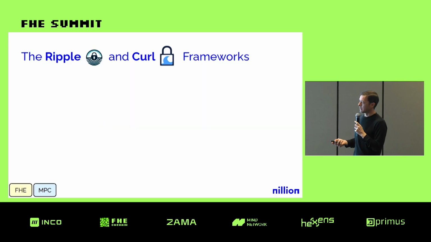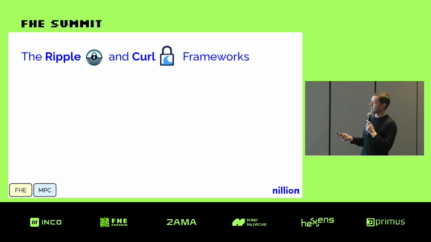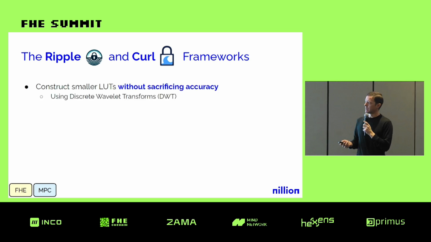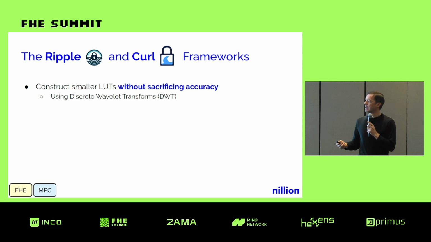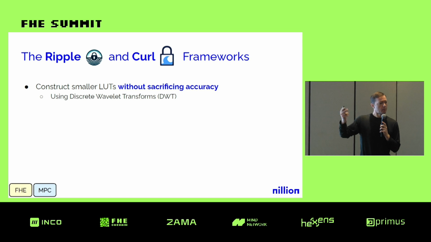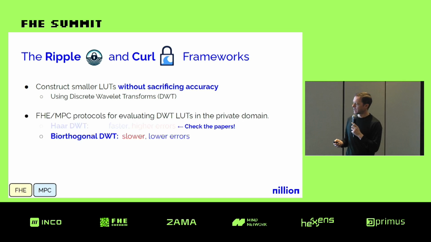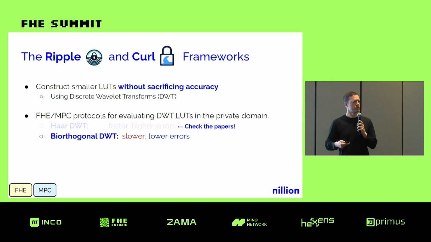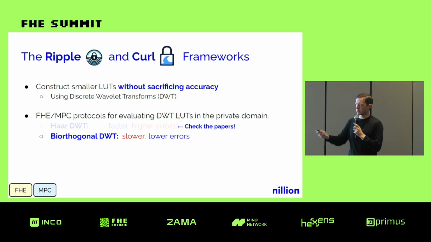So the solution that I'm presenting today is these two frameworks, Ripple for TFHE and Curl for MPC. The idea is that we will be using this new technique, DWT, the discrete wavelet transform, we will see what that is, to actually compress the tables without sacrificing accuracy. And you have different flavors, different DWTs. There's not just one technique. For example, here we're talking about Haar and biorthogonal.